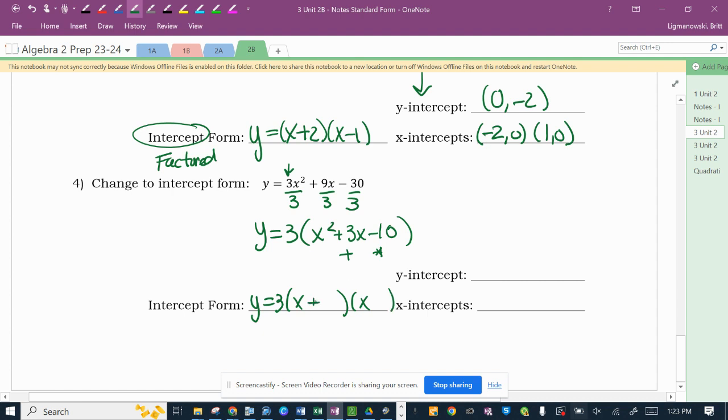So it'll be +5 and -2, meaning my x-intercepts are -5 and +2, because again, they're always the opposite of my factors. And my y-intercept is going to be at -30, because that is my c value, and my c value is always my y-intercept.